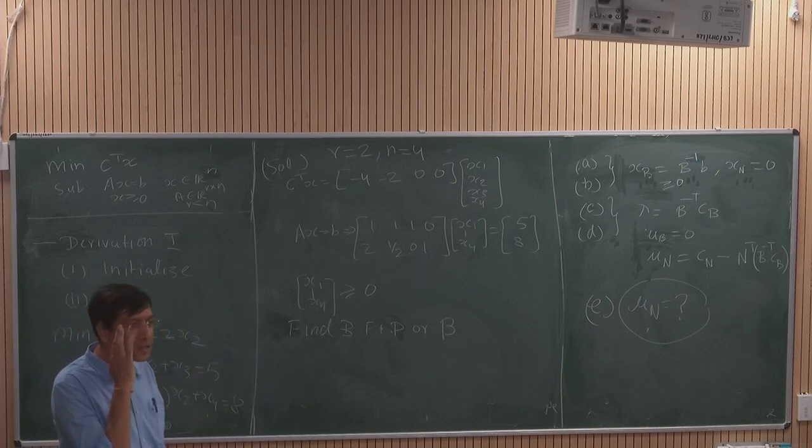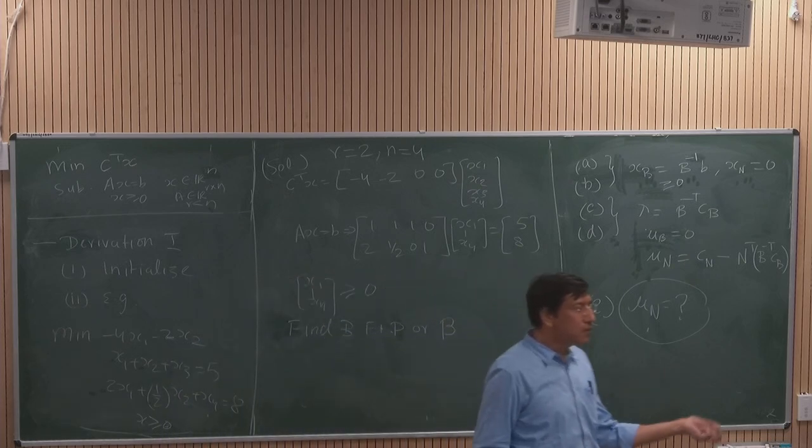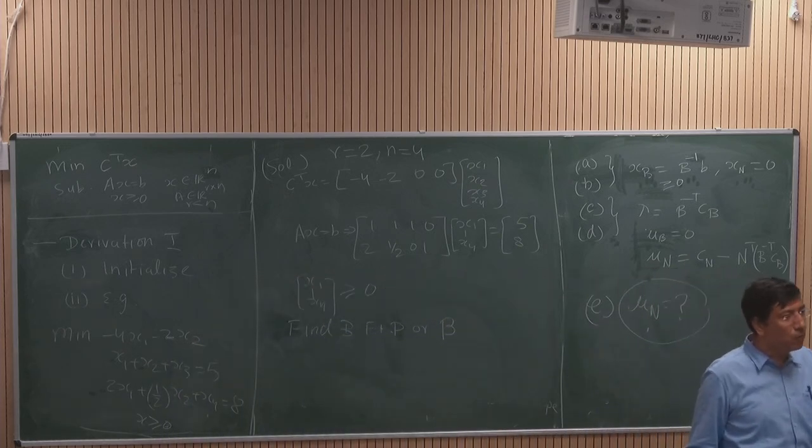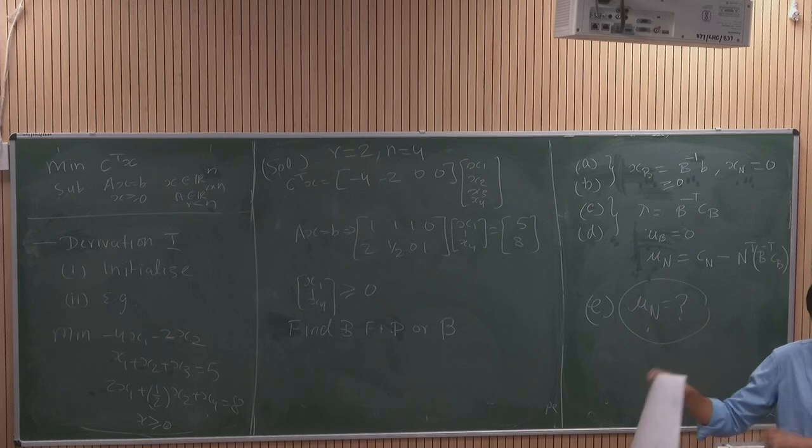It should contain R indices. So you will have no idea which 2 to pick. You can pick x1, x4, you can pick x2, x4. You will have no idea which one to pick, and it must satisfy Ax equal to b, x greater than or equal to 0. Finding 2 indices is easy. It contains R indices. The complement of that contains the active constraints. That's also easy to do.